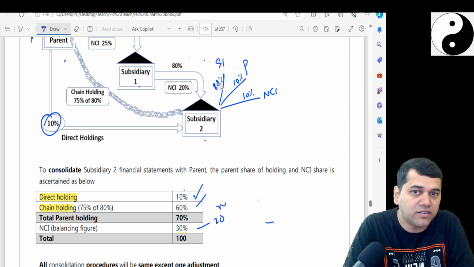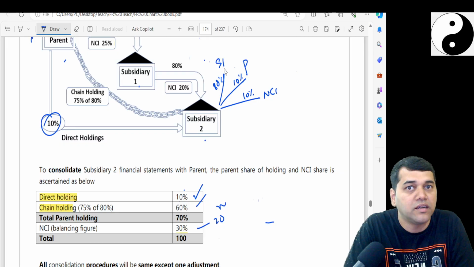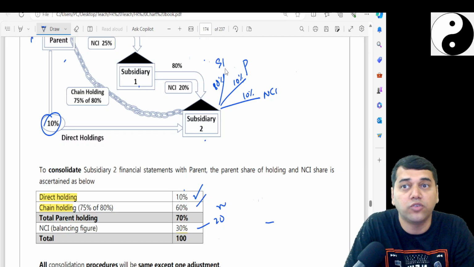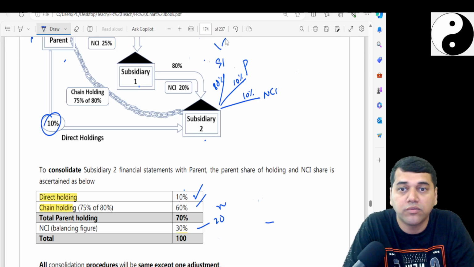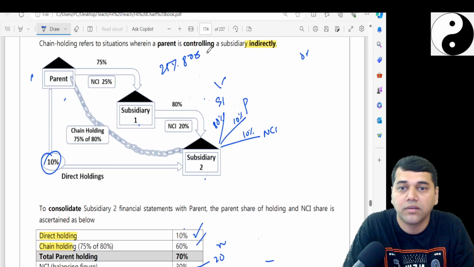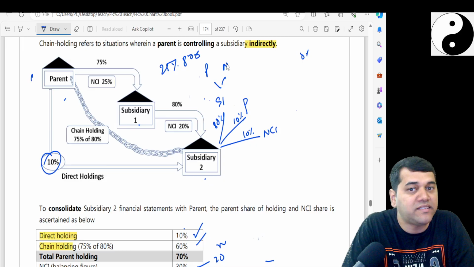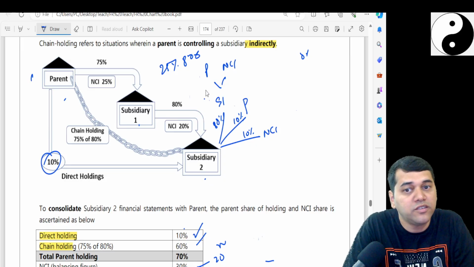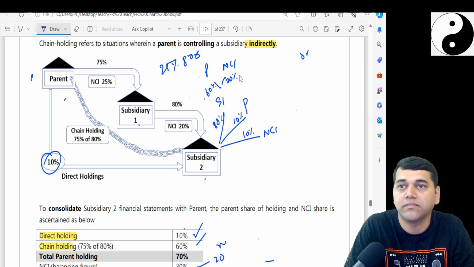So in this, if I say 70%, how did you get 70%? Because when you say S1 is holding, in S1, how much is parent holding? Because there are again 2 breakups, no? Because S1 means parent and NCI. In this, 60% is you, 20% is them.